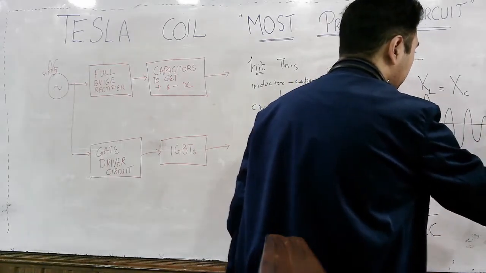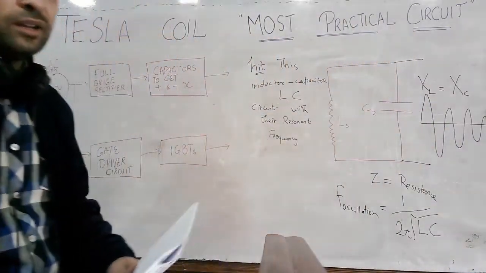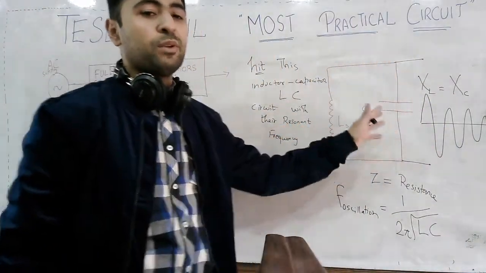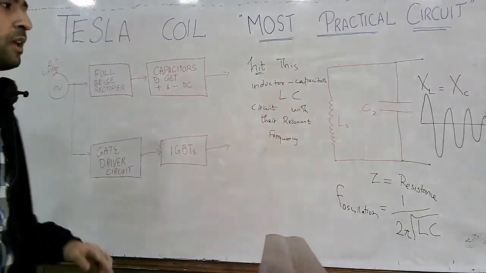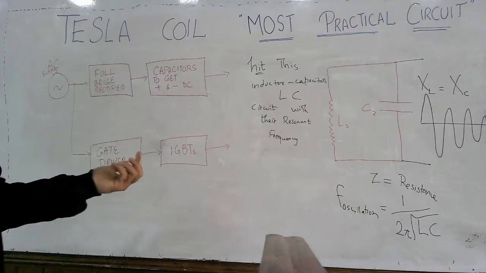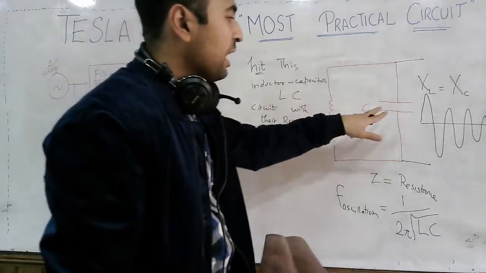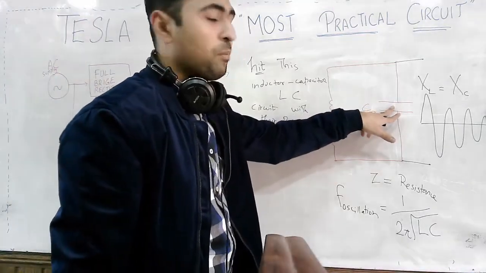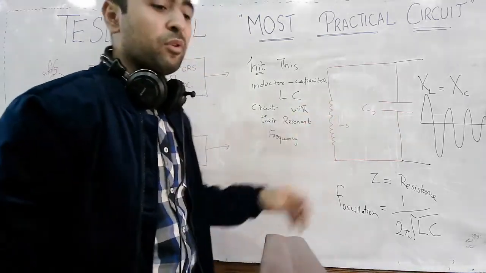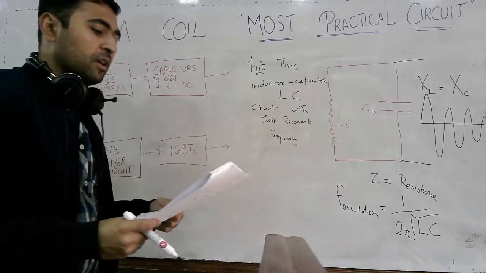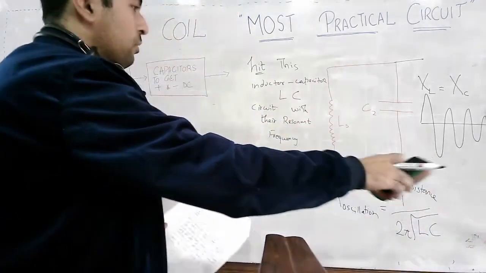Such type of waveform is achieved if you hit this inductor and capacitor with the frequency which is equal to their resonant frequency. How does this happen, why does this happen? Because you know that this capacitor opposes the change in voltage across it and inductor opposes the change in current across it. So, how are you able to get this type of waveform?